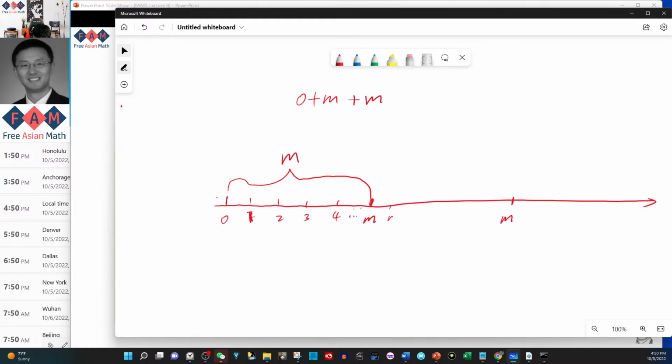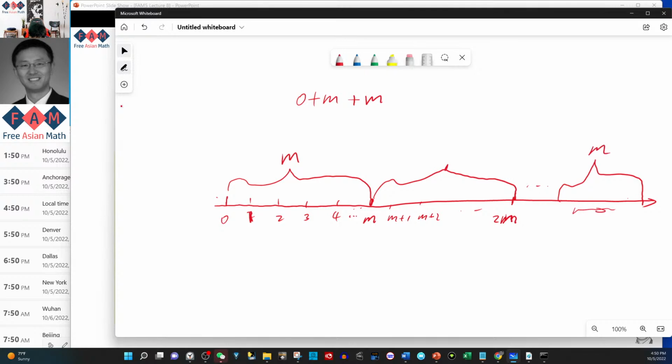So this is m plus 1, m plus 2, and so on, until you hit 2m. Right? So this is the second copy of the m. So until you add the final copy of m, this is m.